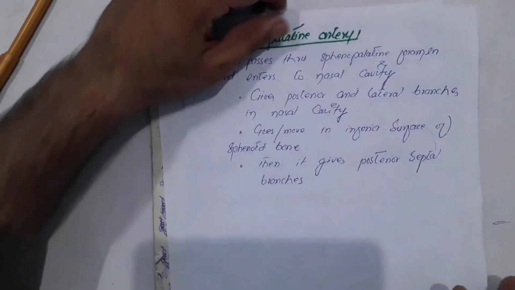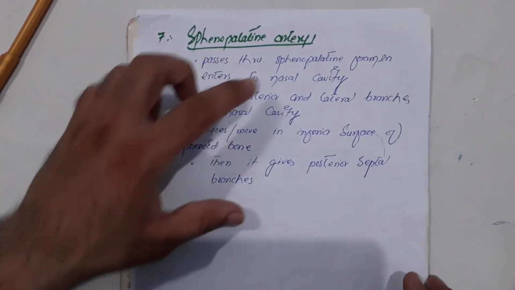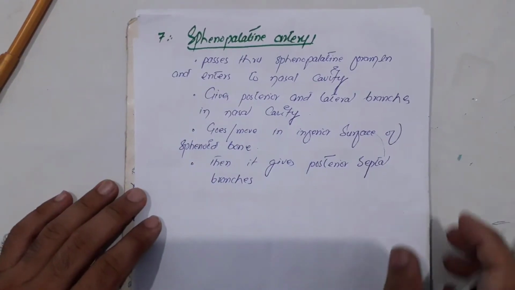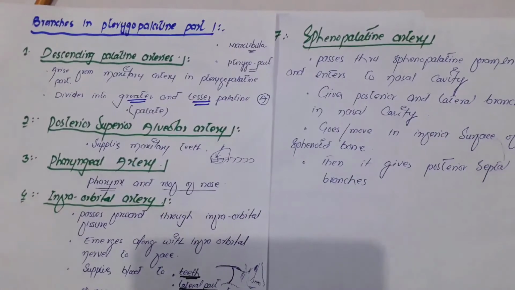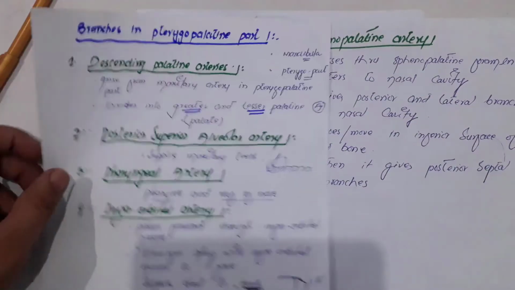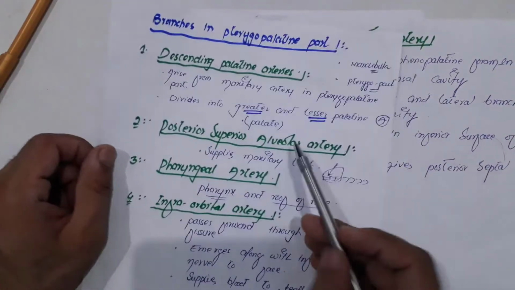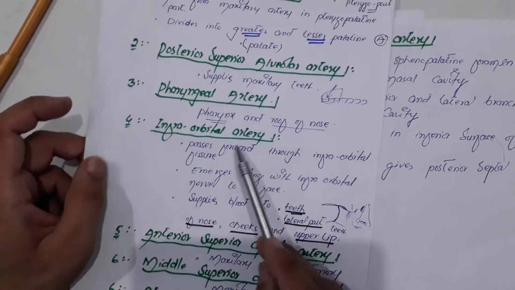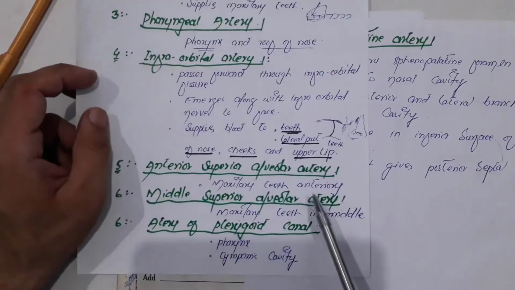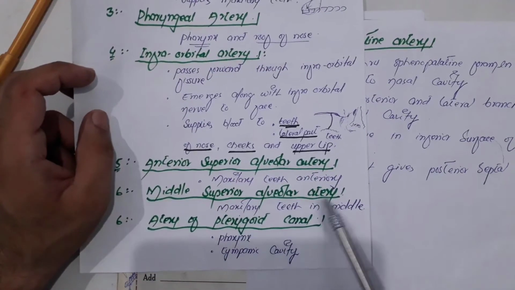This was a little detail about the spinopalatine artery. Now these were the 7 branches of the maxillary artery in the pterygopalatine part: the descending palatine artery, posterior superior alveolar artery, pharyngeal artery, infraorbital artery, anterior superior alveolar artery, middle superior alveolar artery, artery of the pterygoid canal, and the spinopalatine artery.